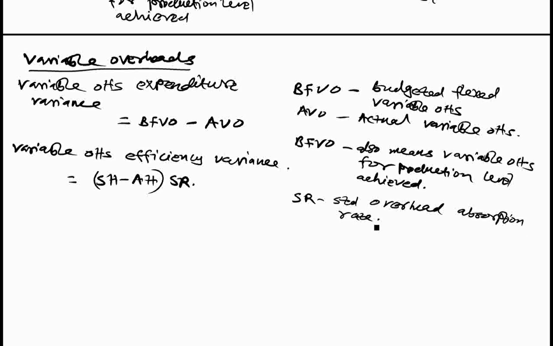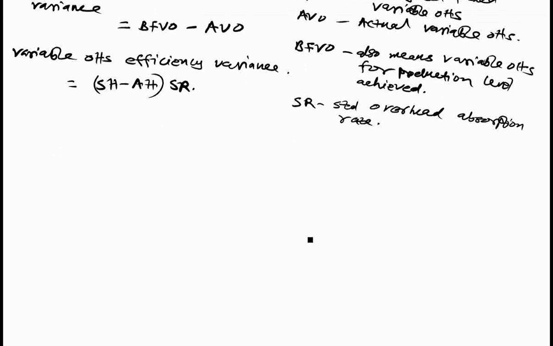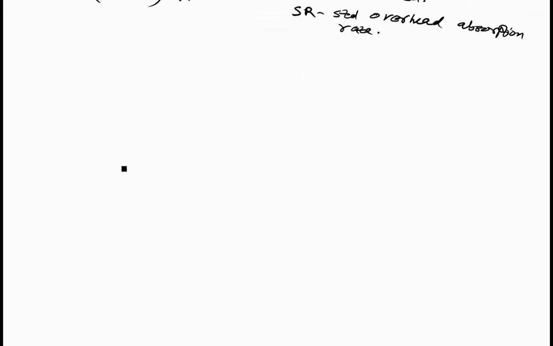Yeah, good. Next, let's move to fixed overheads. Under fixed overheads, we have several of them. For example, we have fixed overhead expenditure variance.